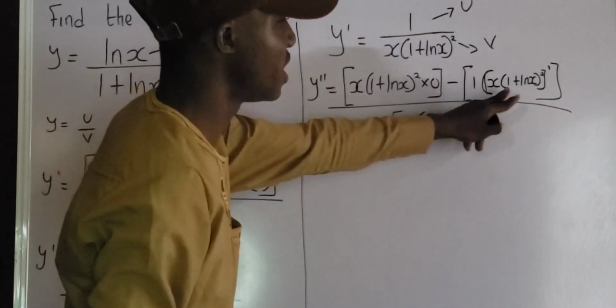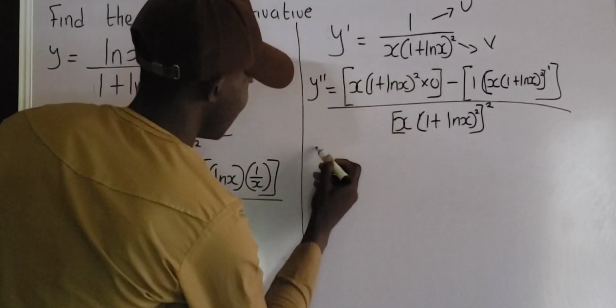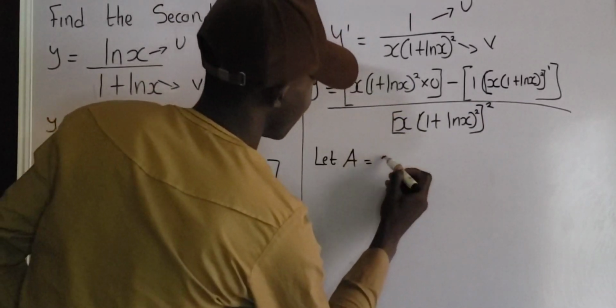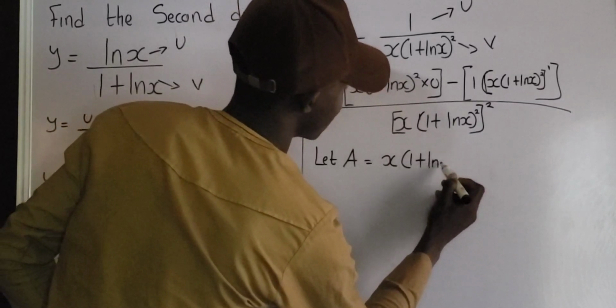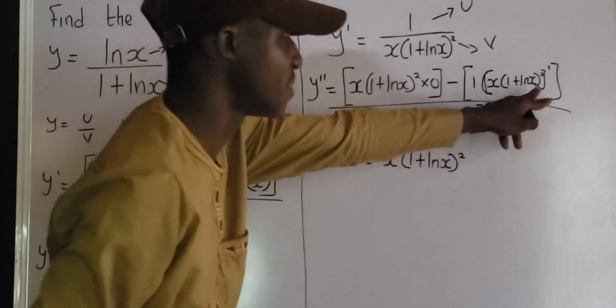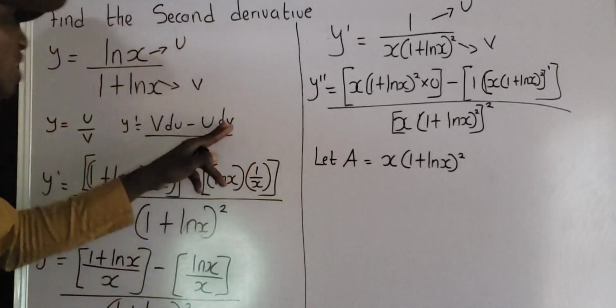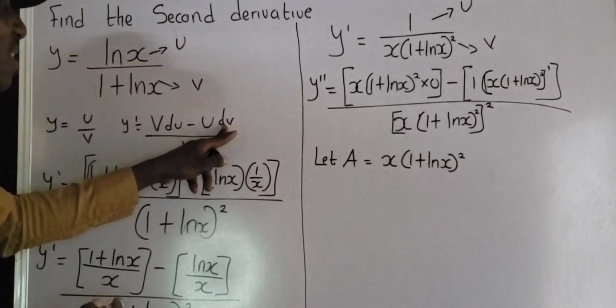So let us isolate this bracket. Let A equal x into bracket 1 plus ln x raised to the power of 2. I want to take the derivative of what is inside this bracket now. Are you getting it? Because the quotient rule formula demands that I take the derivative of v.